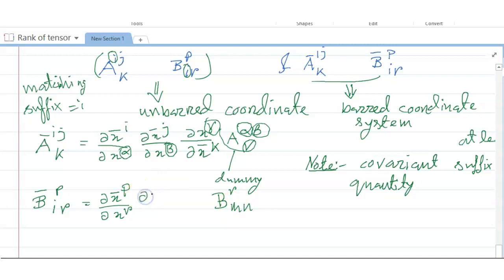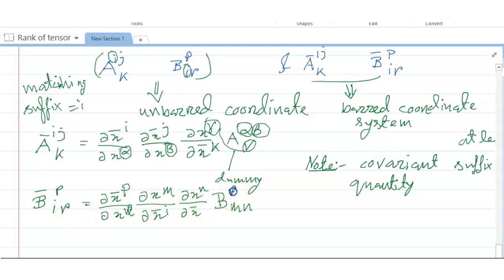So it can be written as ∂x̄^p/∂x^l, ∂x^m, and ∂x̄^i, ∂x^n, divided by ∂x̄^r. Sorry, it is l, it is very important because this is the match, it is r.